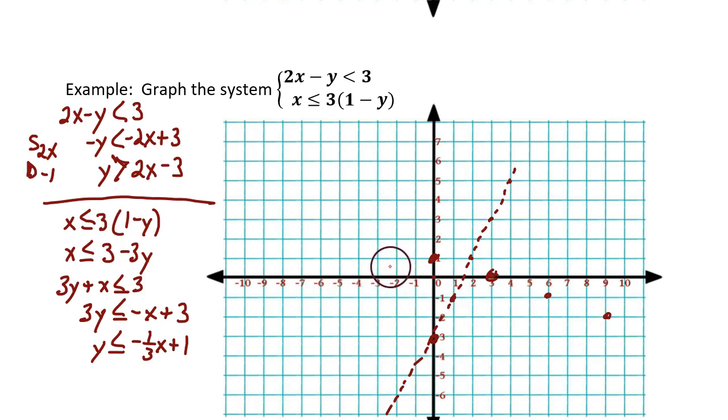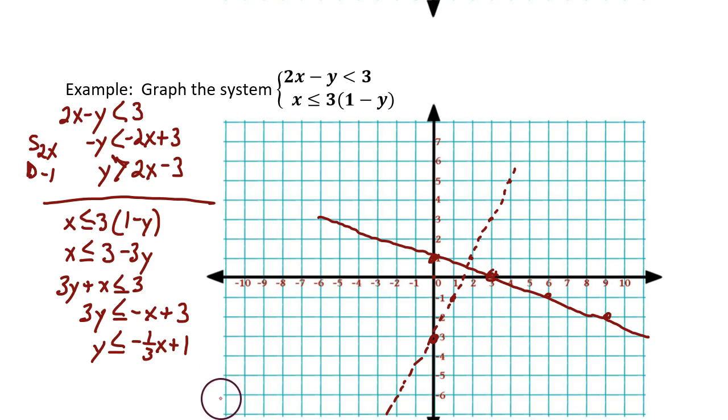Is this boundary solid or dashed? It's solid because of the or equal to on the symbol. So let's draw it in. And then think about where the shading is. This is a is less than symbol, so the shading is below the solid line.